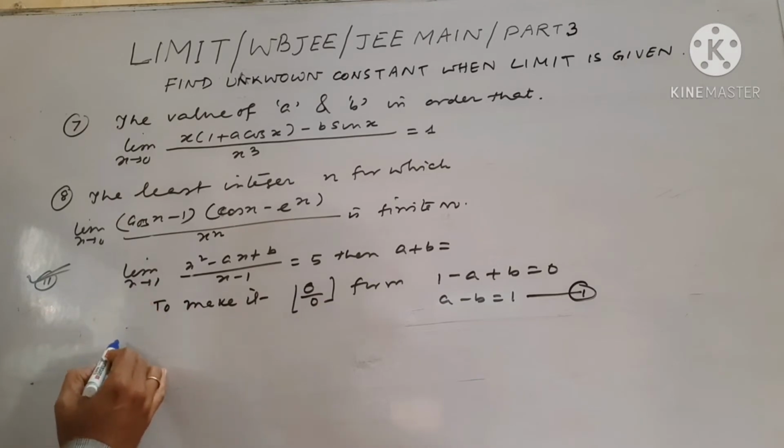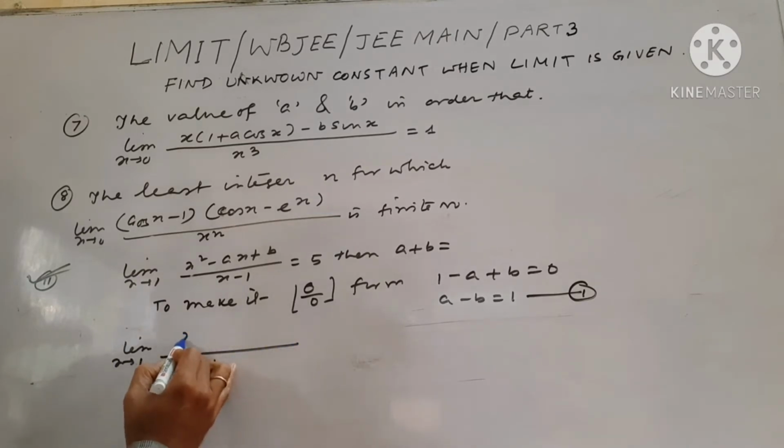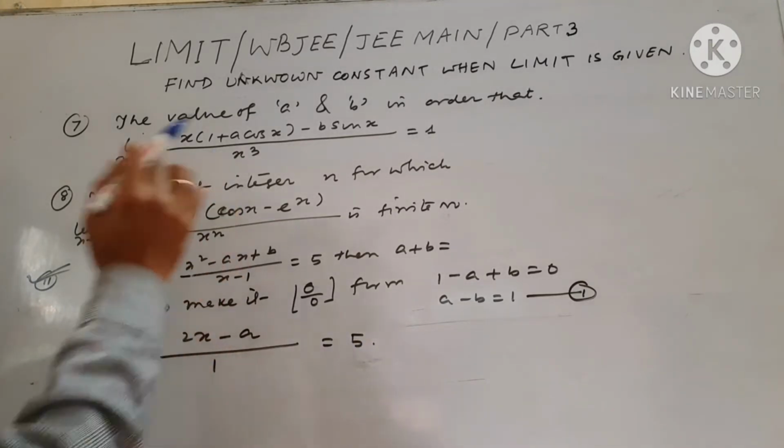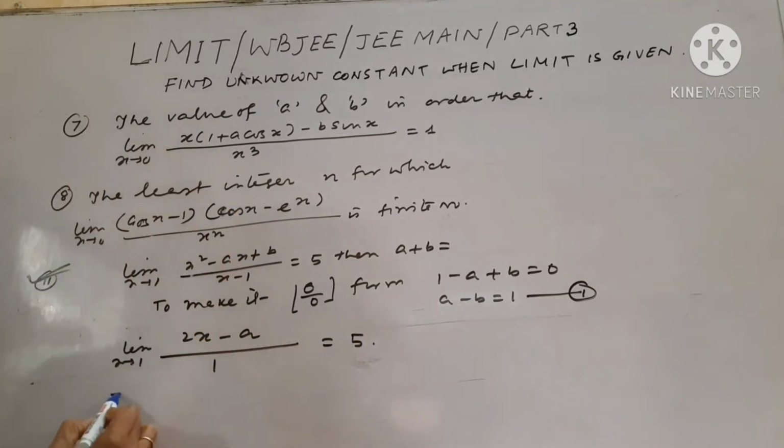Now, if it is 0 by 0 form, we can differentiate it. So this is 1, this is 2x minus a equals 5. Now put x equals to 1.